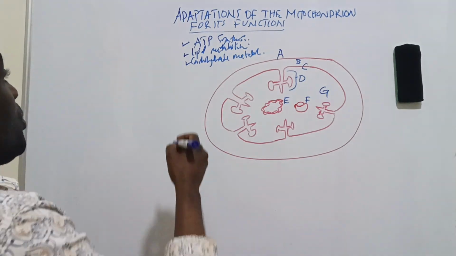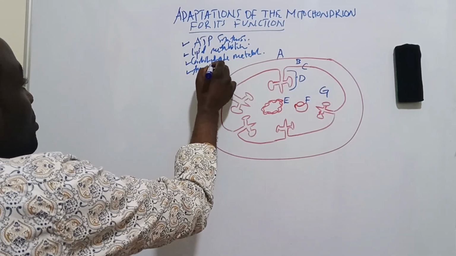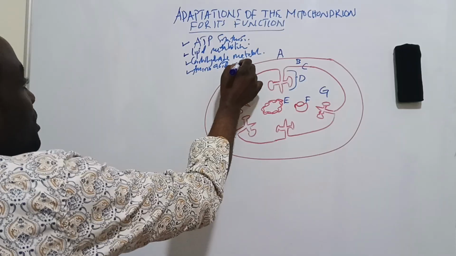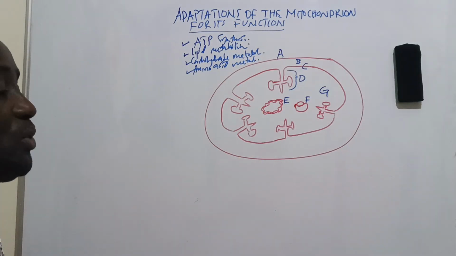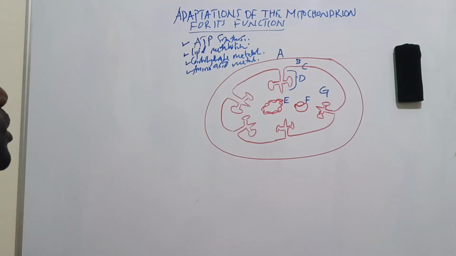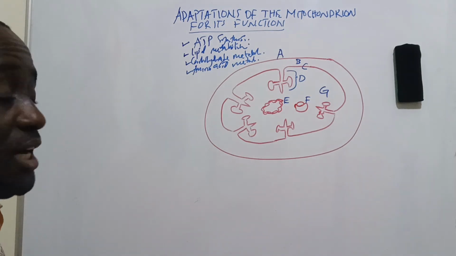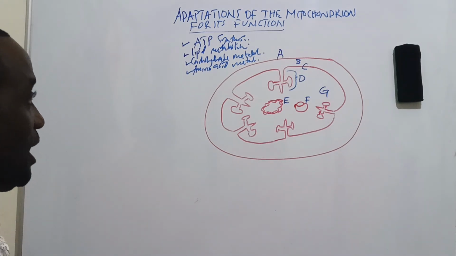Then we can also include another function, for example, amino acid metabolism. The mitochondrion can also be involved in such. However, the main function in this discussion first of all is ATP, but we shall also hint on the other ones. How is it adapted for the functions it has?